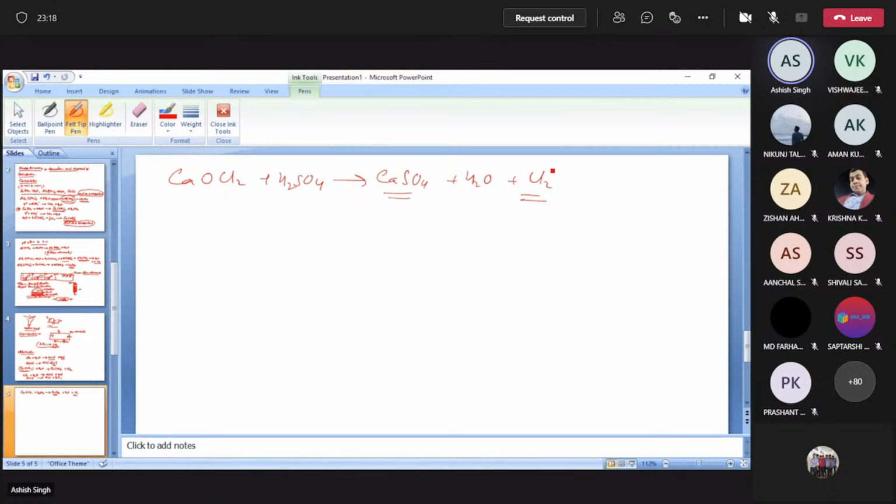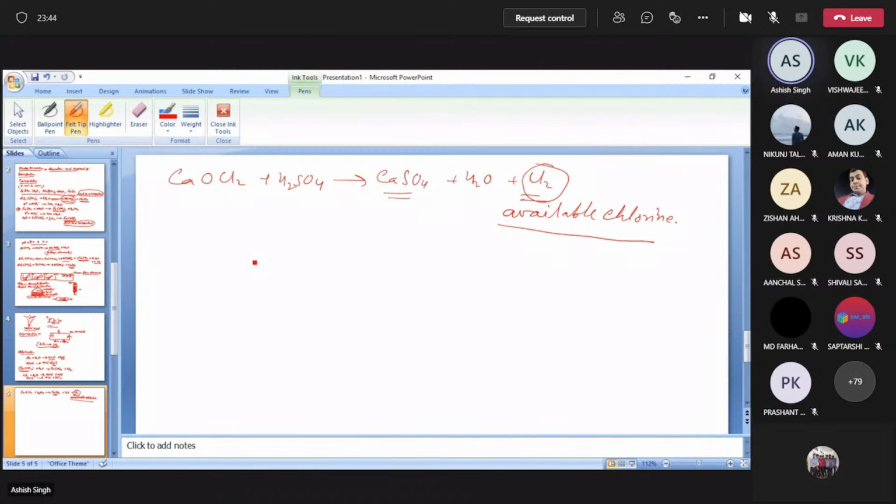This Cl2 is called available chlorine. Again, this chlorine reacts with water to form HOCl, hypochlorous acid.